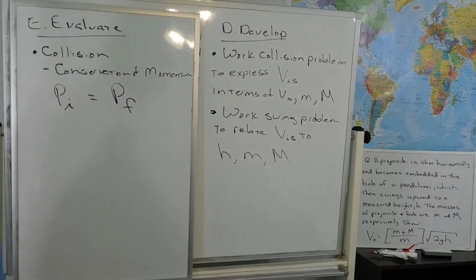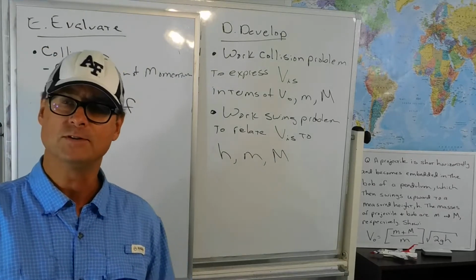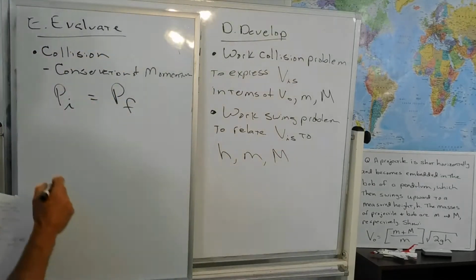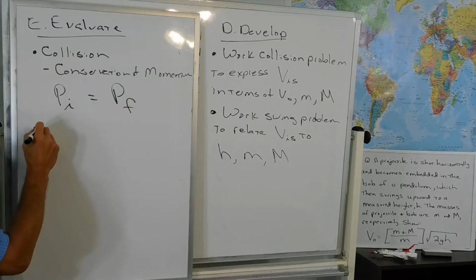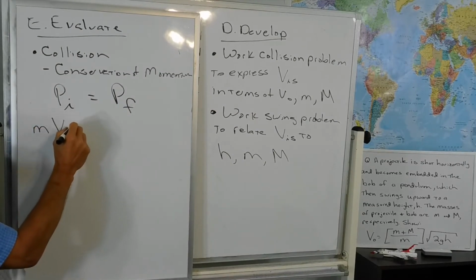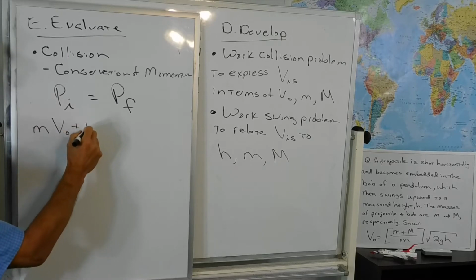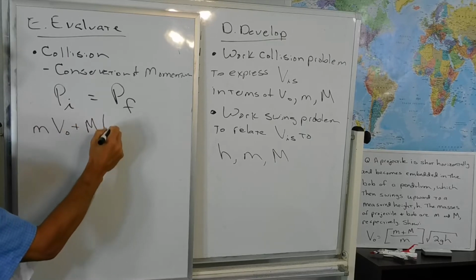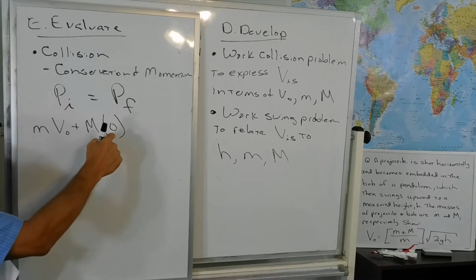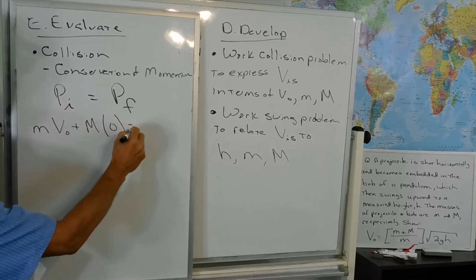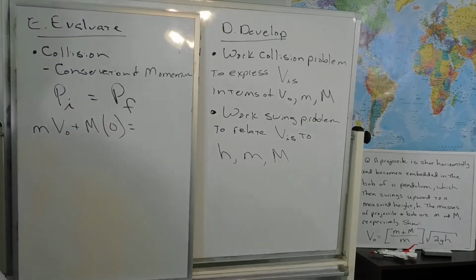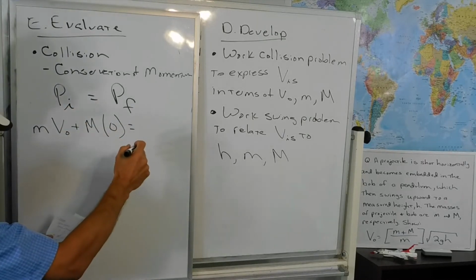The initial momentum is the momentum that the two objects have before they collide. And so we have the projectile with a mass lowercase m and a velocity v naught. And in principle, you would add it to the momentum of the bob, but in the initial condition, the bob has zero velocity, so that term just goes away in the equation because it multiplies by zero.